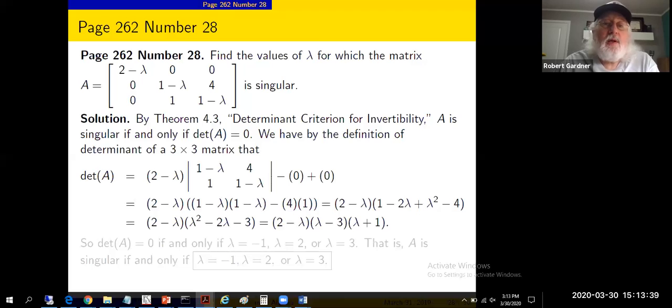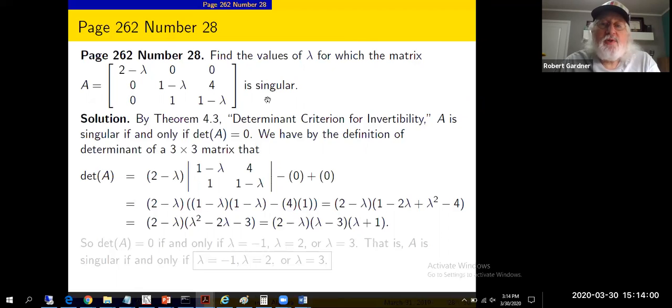Number 28 from the book says, this is an odd question, but it foreshadows what's next. Find the values of lambda for which the matrix A, given here, is singular. That's related to determinants in terms of the determinant being 0.